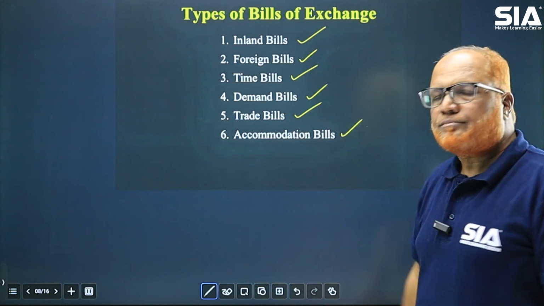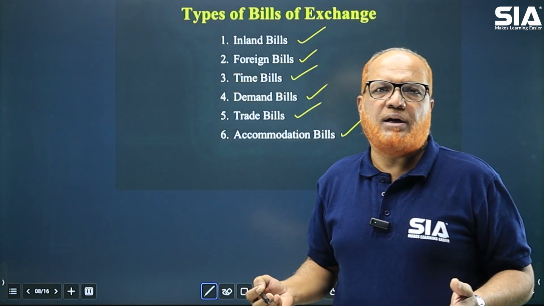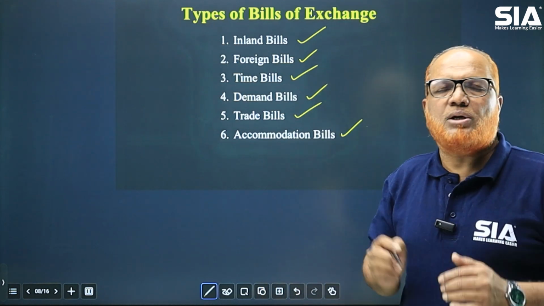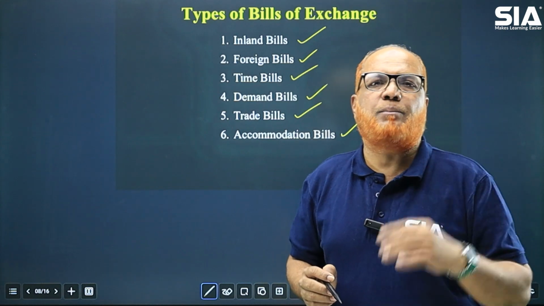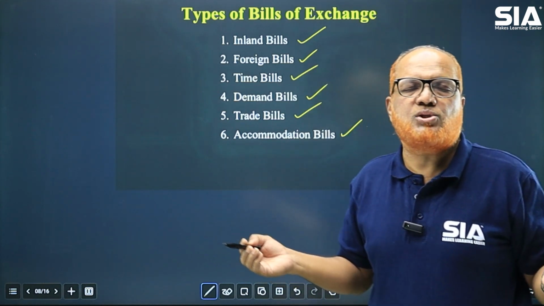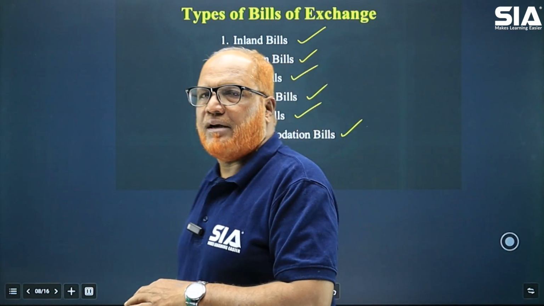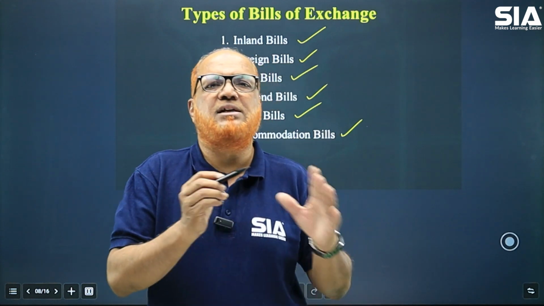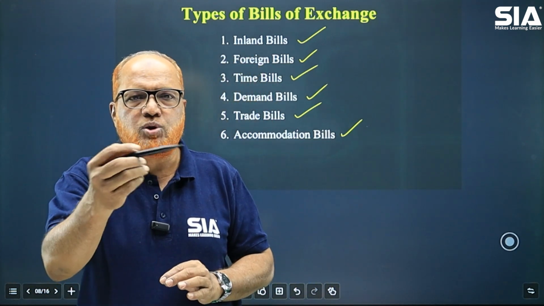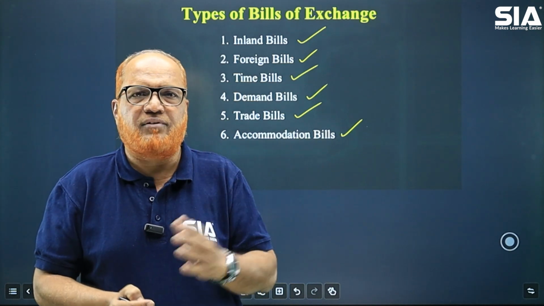Last one is accommodation bill. It is opposite to trade bill. In this accommodation bill, one party will financially help the other party. There is no purchase or sale transaction. For example, A and B are 2 friends. A is in need of money, A will approach his friend B and ask, I want 1 lakh rupees, I'll pay you after 3 months.